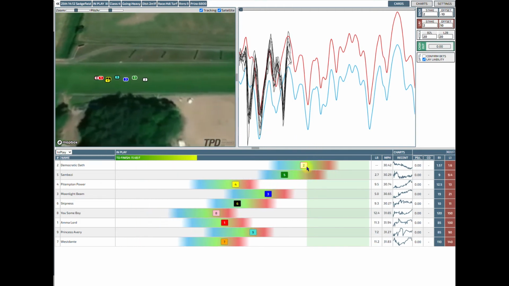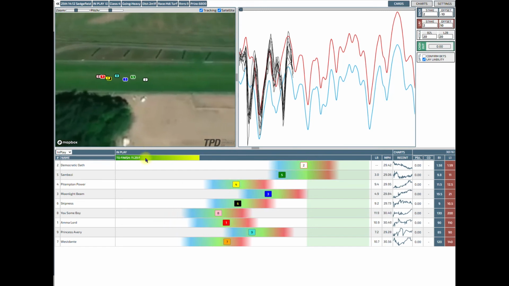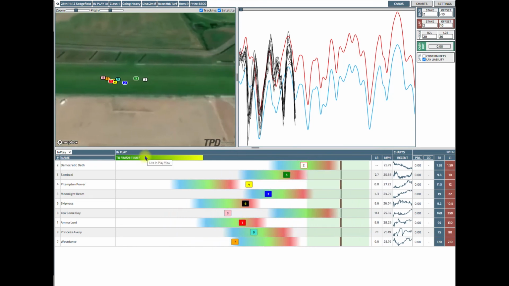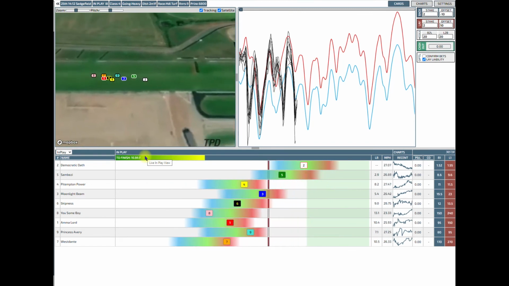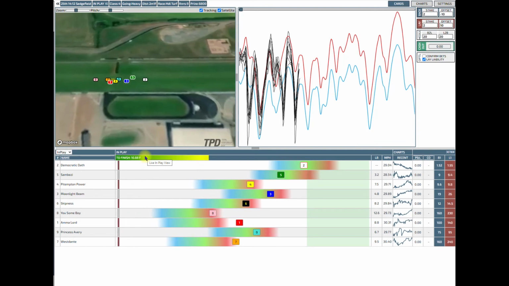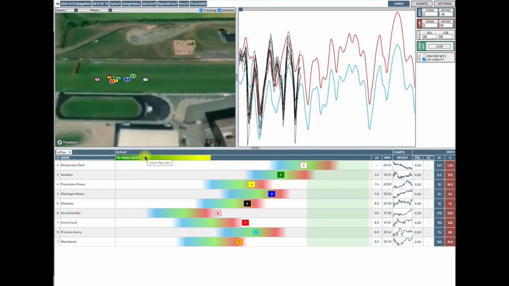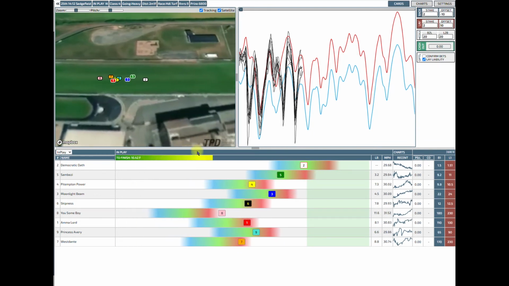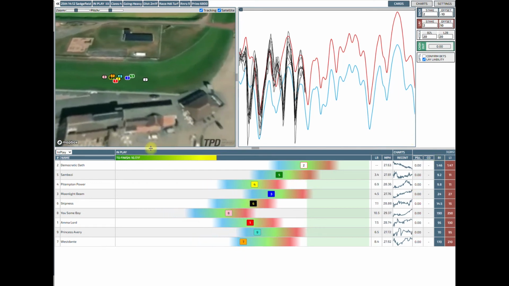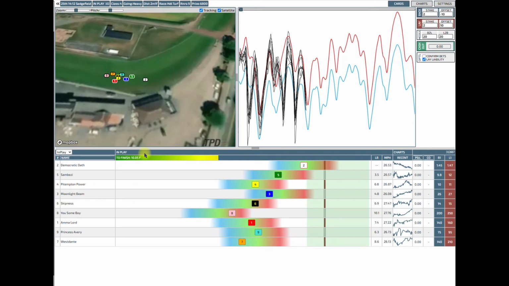So number 2, favourite, is doing quite well, and we're looking to get involved between 3 to 2 lengths from the finish. Sorry about the squeaky chair, I do need to oil that. My bad. So number 2 at this moment is looking the one to be on, but it's too early in the race.